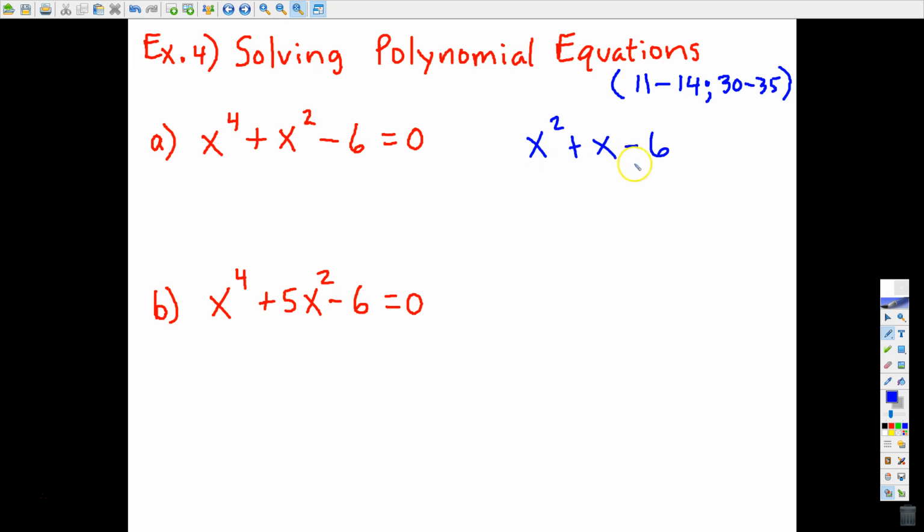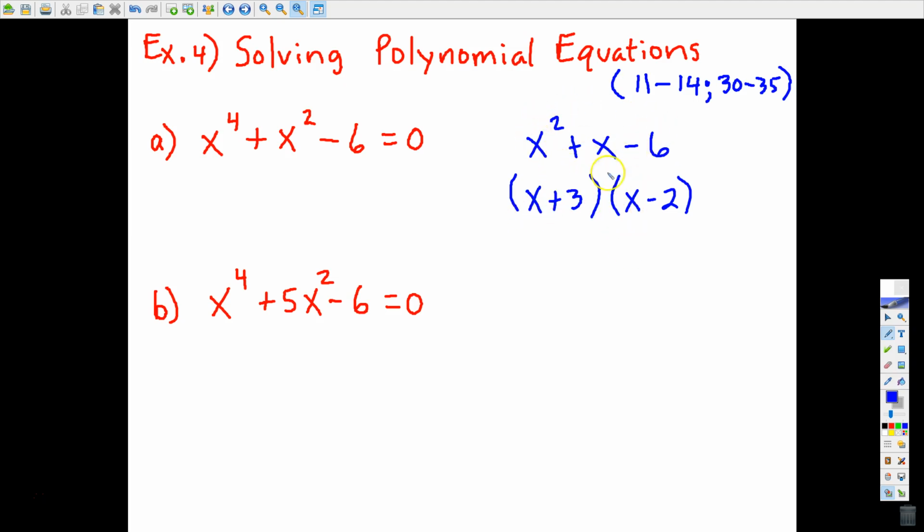This should be easy for us to factor. We've done factoring like this quite a bit in Algebra 1 and Algebra 2. If we were factoring this quadratic, the factors of -6 that add up to +1 would give x plus 3 times x minus 2. Using FOIL to double check, we get this quadratic trinomial.